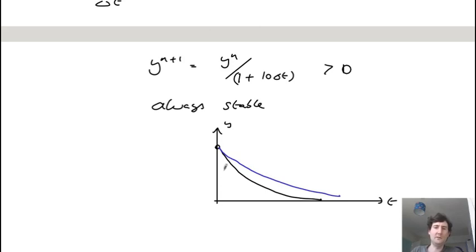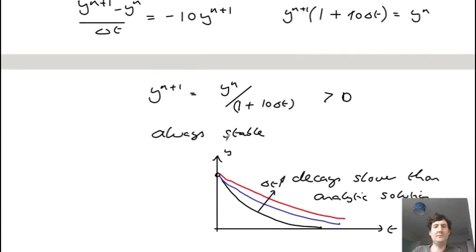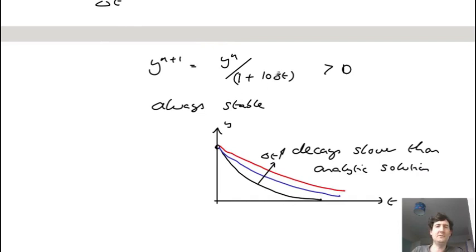So as you make delta t bigger and bigger, it will still decay, but just slower than it should do. So as delta t increases, it moves up and decays slower. Okay, but it's always stable, and these kinds of methods which are stable for these simple systems are called A-stable.